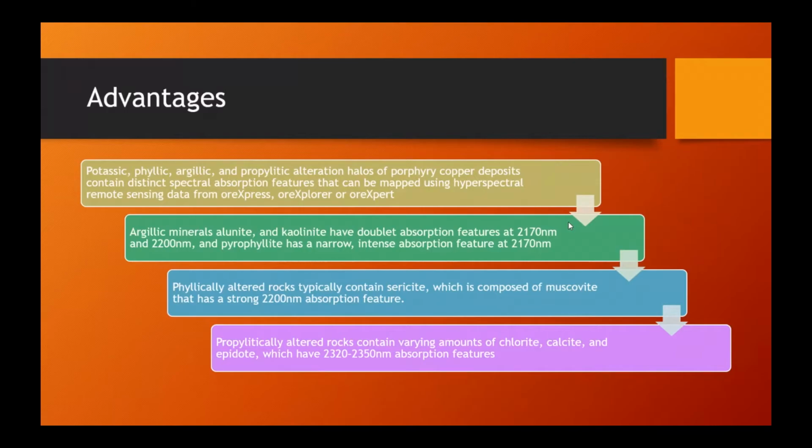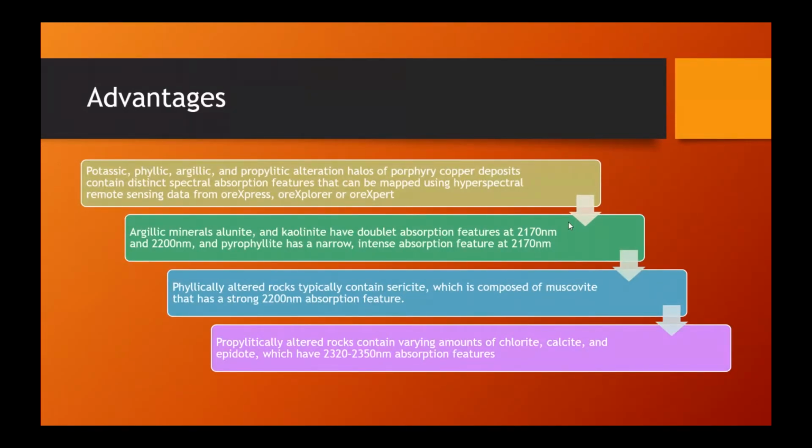As an example, the argillic minerals like the alunite and kaolinite both have doublet absorption features at 2170 nanometers and 2200 nanometers, whereas pyrophyllite has a very narrow, intense absorption feature at 2170 nanometers.